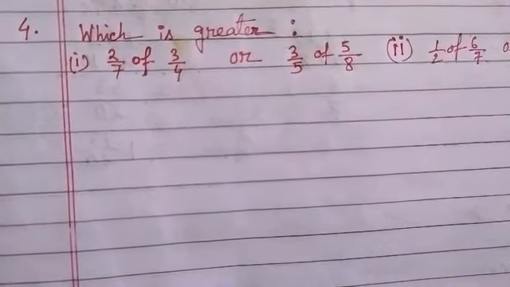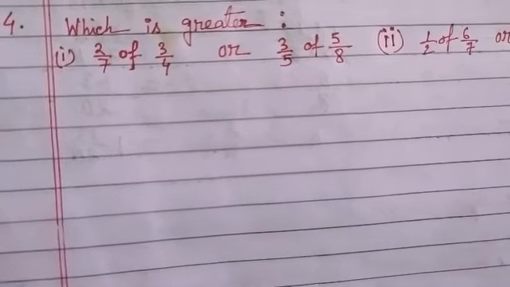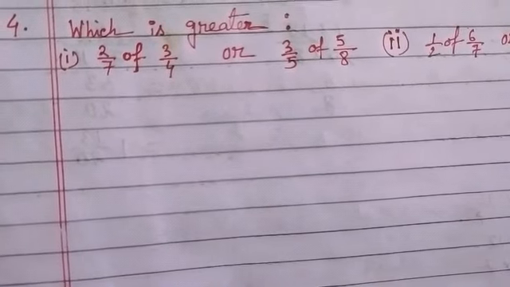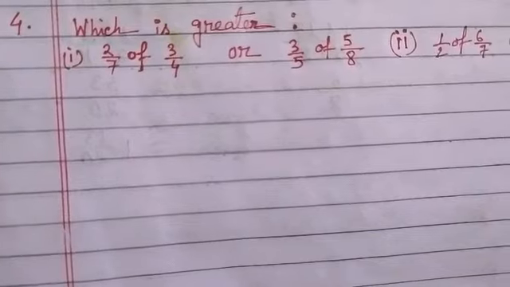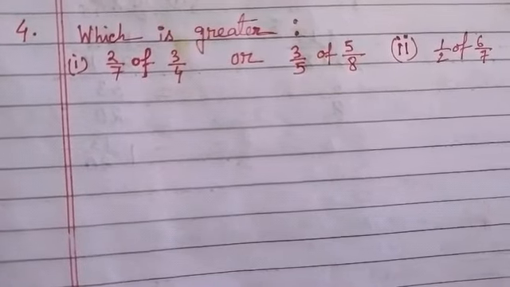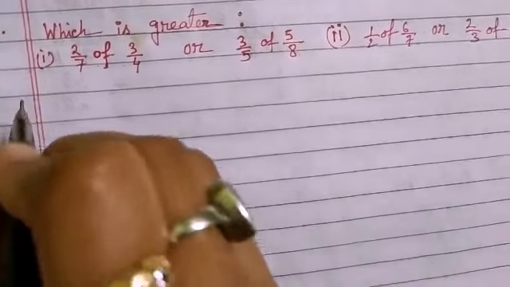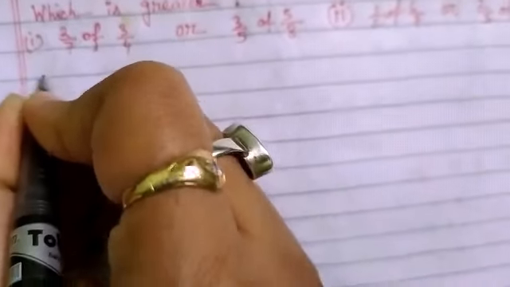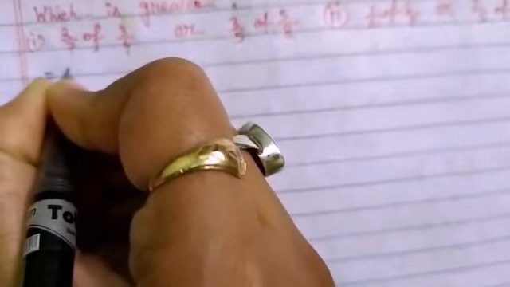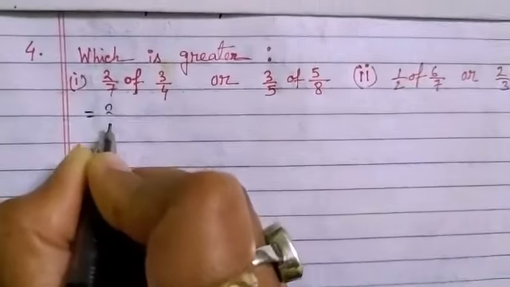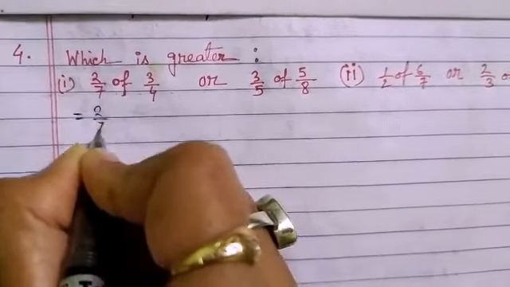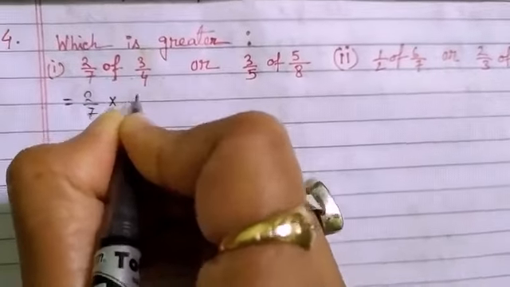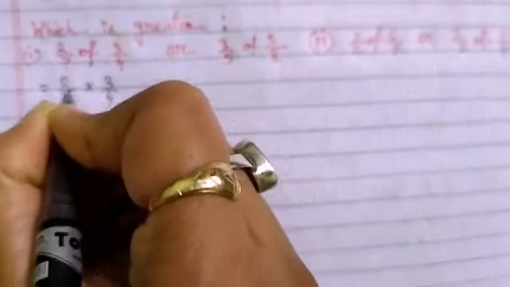Question number 4. Which is greater? That means 2 by 7 of 3 by 4 or 3 by 5 of 5 by 8. Then separately we have to find out the answer. Two by 7 multiply 3 by 4.